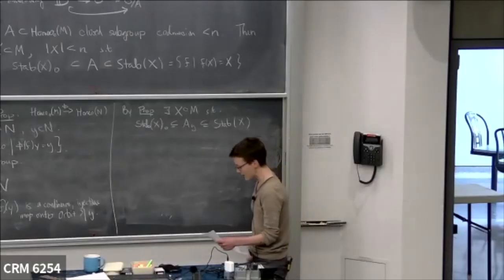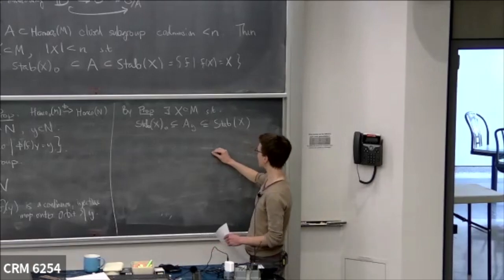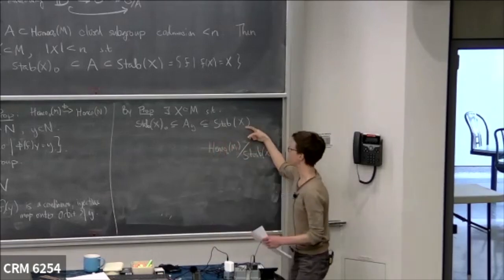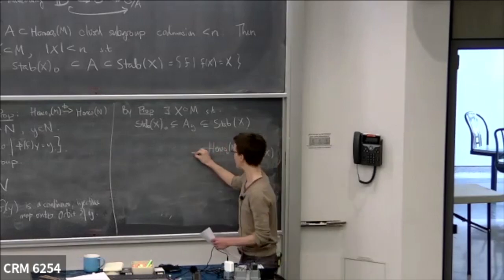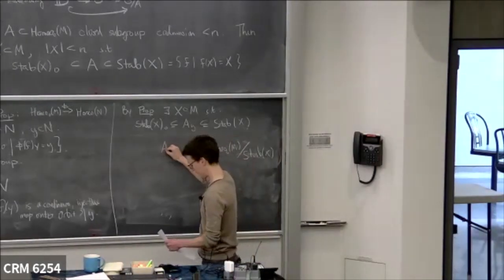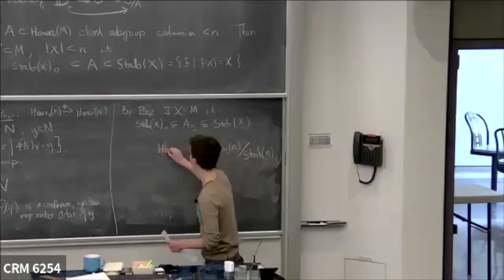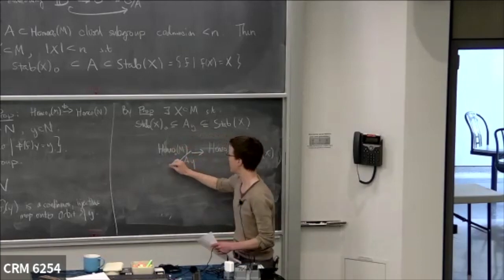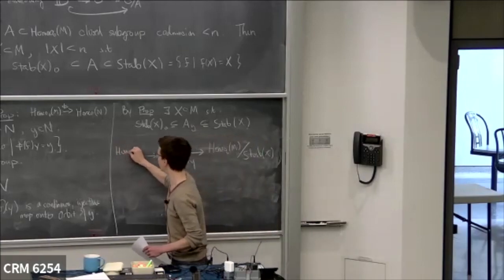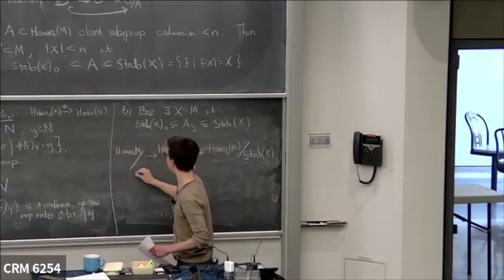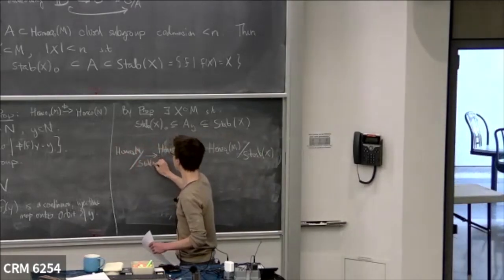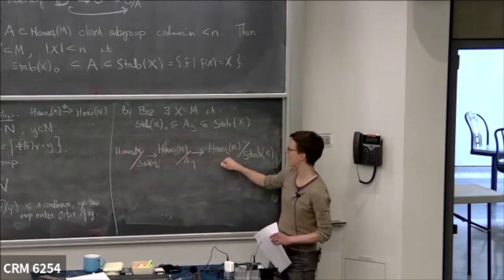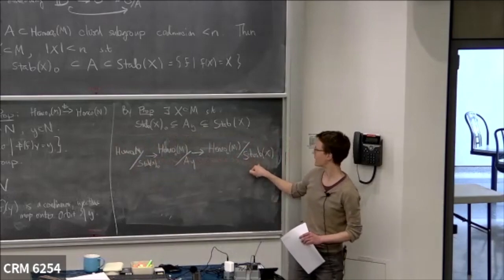So if I think instead about the sequence of quotient spaces, I have surjective maps, mod out by successively bigger things, from Homeo modulo the smaller group to Homeo modulo the bigger group.